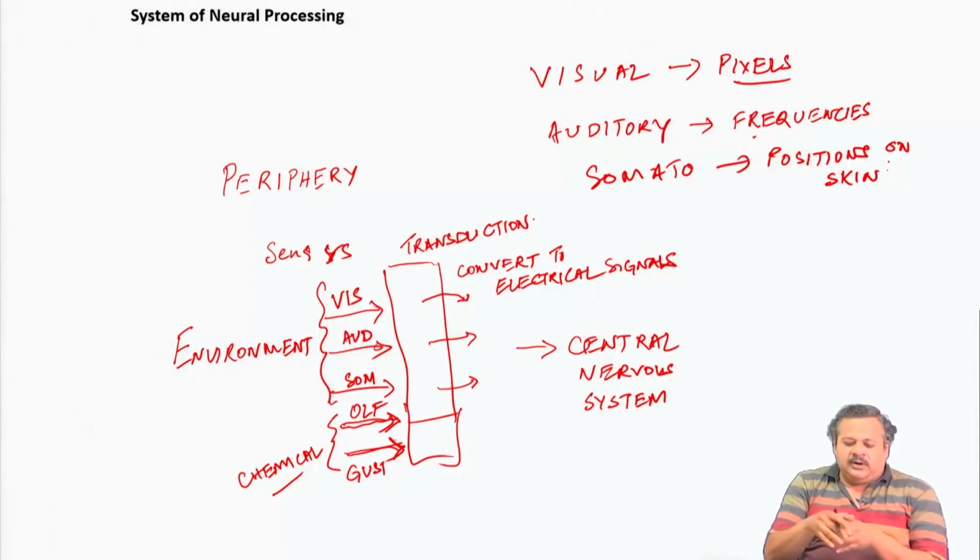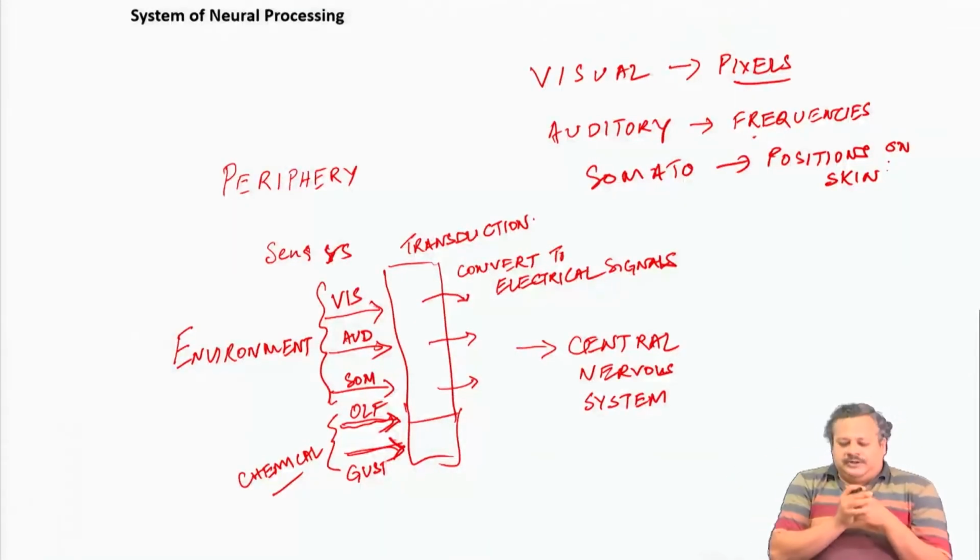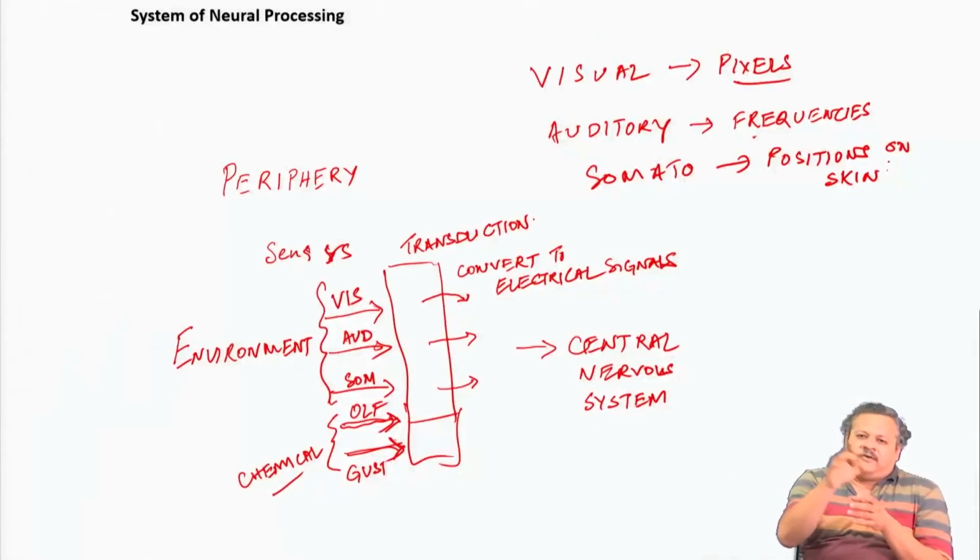So, beyond this point, for the discussions, we will be referring primarily to the visual and auditory and somatosensory systems when we are talking about how we model from parameter space in the sensory world to neural responses, or how we go back from neural responses to what the stimulus was, which is decoding.